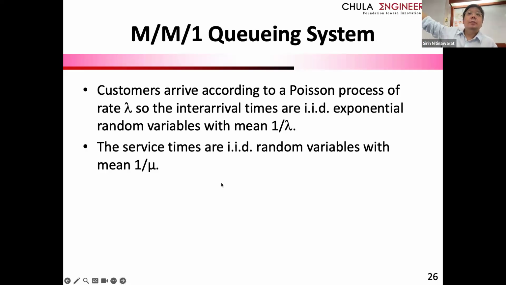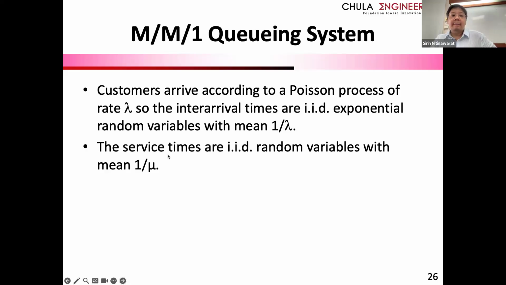Lambda and mu have the same unit, in terms of, say, customers per second. So you can think of it in terms of customers per second or seconds per customer. Lambda is about how fast the customers are arriving into the M/M/1 queuing system, whereas the service mechanism is about how fast the server can process subsequent customers.